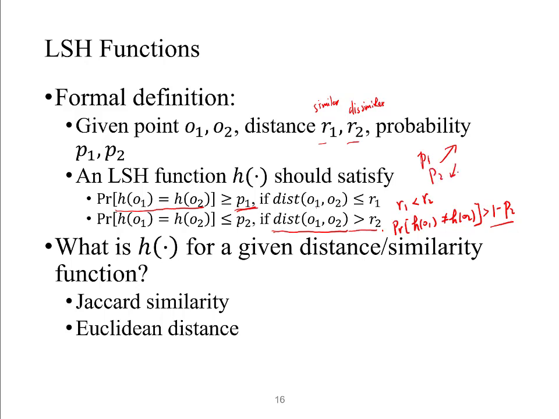In this case, we want P2 to be small. So in general, we do have R1 smaller than R2 and P1 larger than P2.